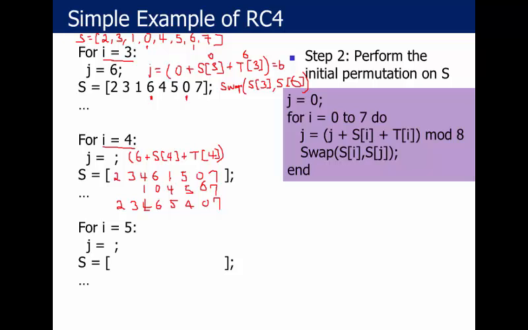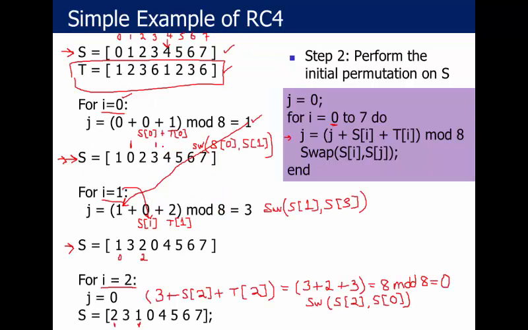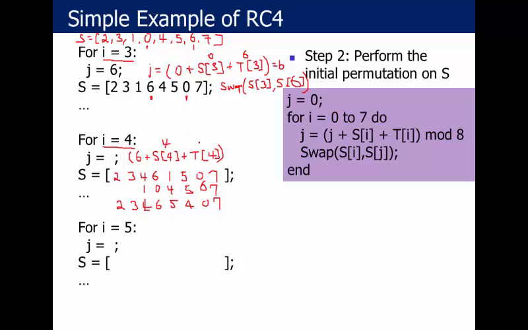Okay. So S of 4 is, oh yeah, 0, 1, 2, 3, 4. S of 4 is 4. T of S of 4 is, go back here, 0, 1, 2, 3, 4. There's number 1. So that is number 1.